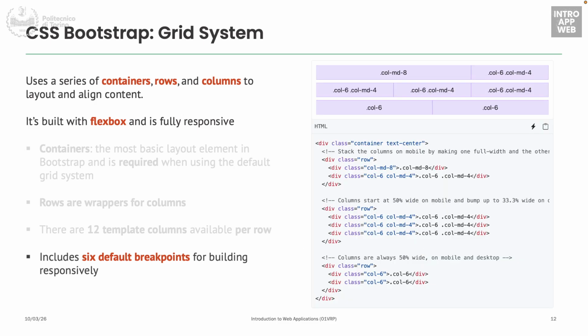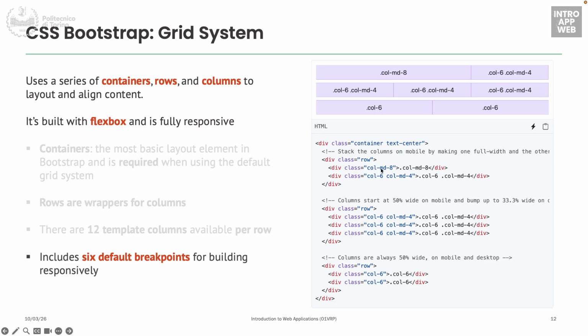So if I show you this code snippet, what do you think it is? How do you think this one is working? Because so far we have seen that we have the container, we have the row, and we have the col, okay? But in this case, when you see col-md-8, what do you think it means? Sure, it's exactly that.